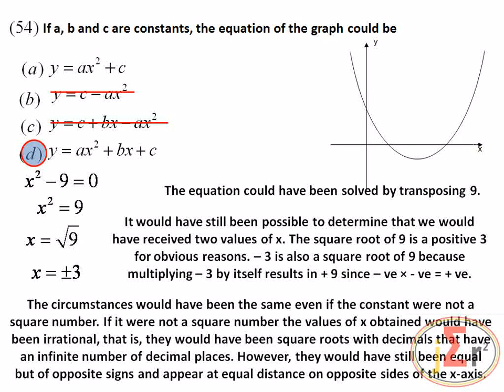However, they would still have been equal but of opposite signs, and appear at equal distance on opposite sides of the y-axis. However, they would have been irrational numbers.